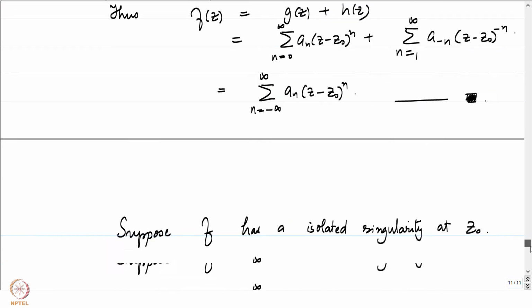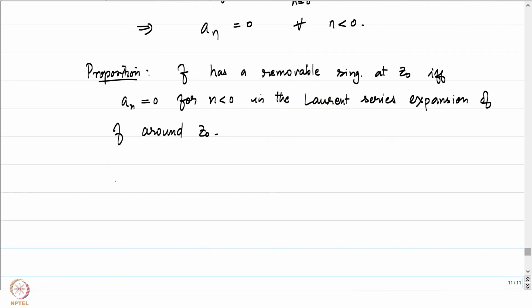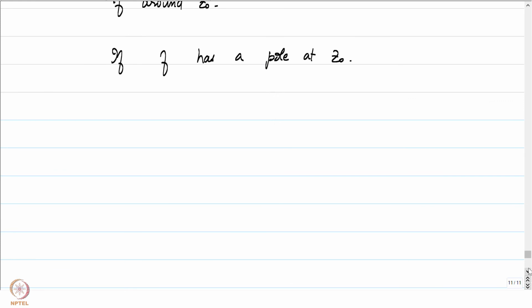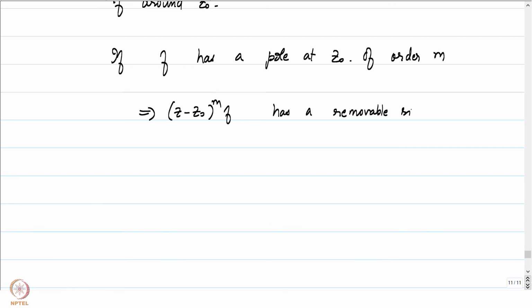Now let us see what happens when f has a pole at z0. As was noted earlier, if the pole is of order m, then (z minus z0) to the power m times f has a removable singularity at z0.